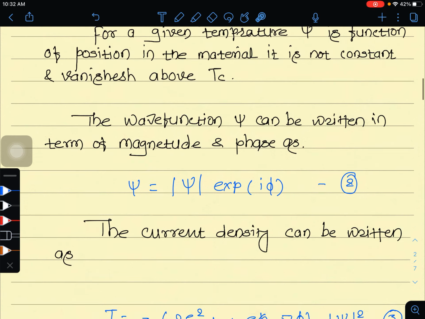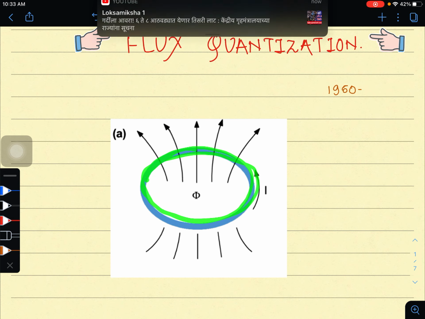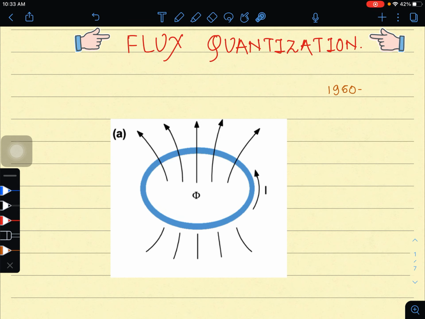After that we consider a ring made of superconducting material and take a closed path around this ring.